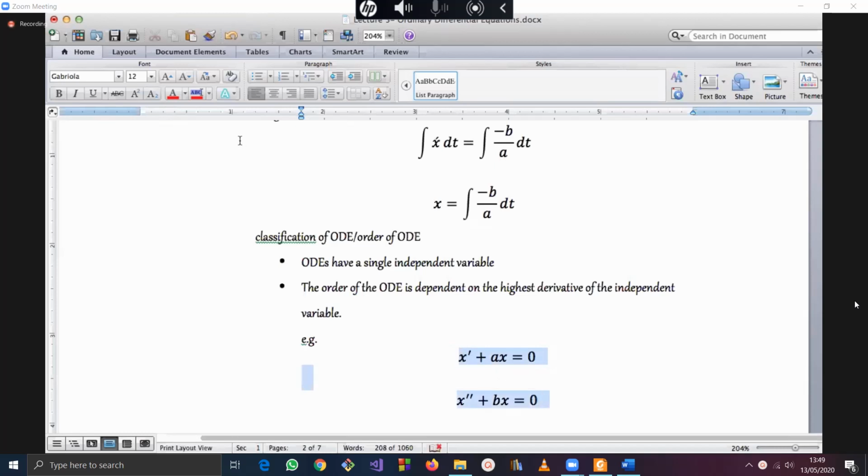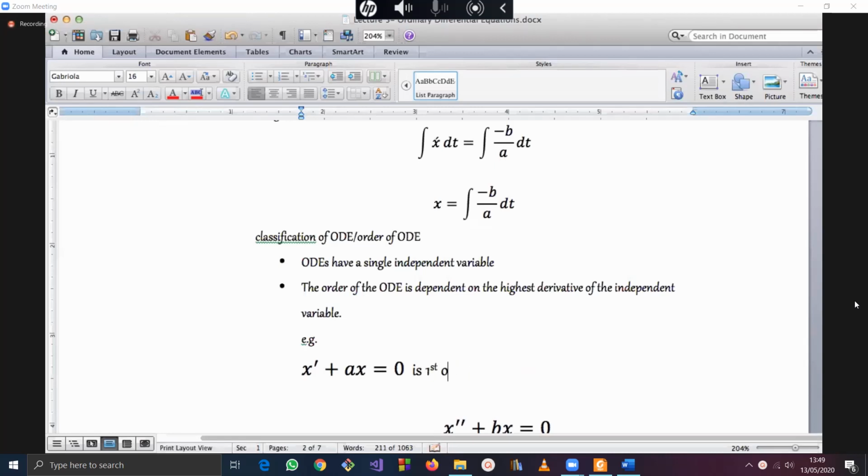I hope the size of this is visible, but if it's not, I can enlarge that. So there's one derivative here and a derivative in this other equation. So the highest derivative here is 1, and since the highest derivative is 1, we say this one is first order.